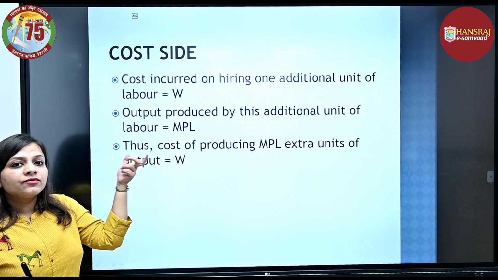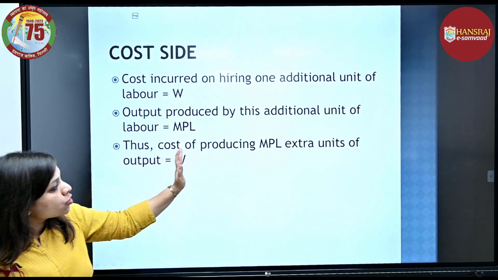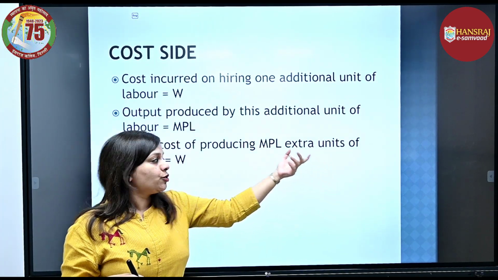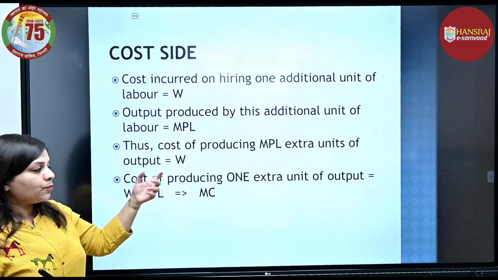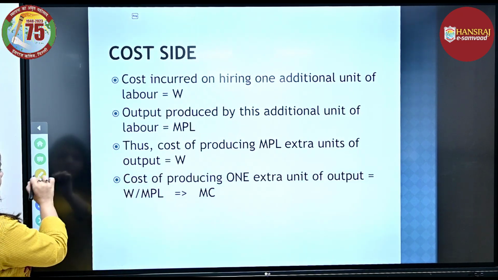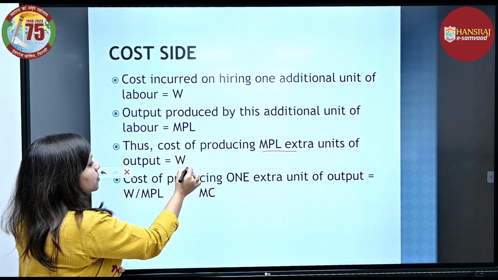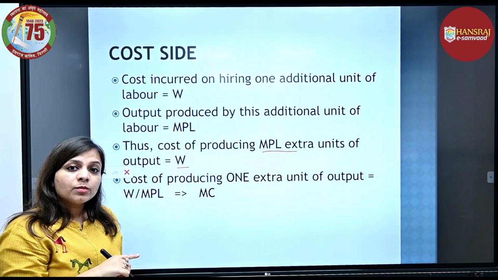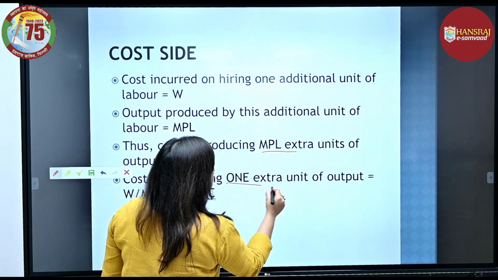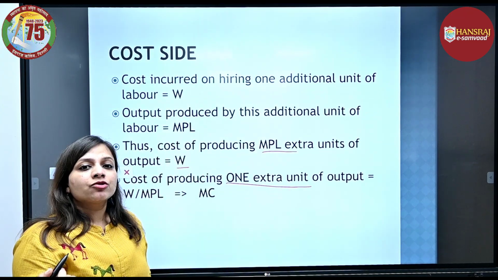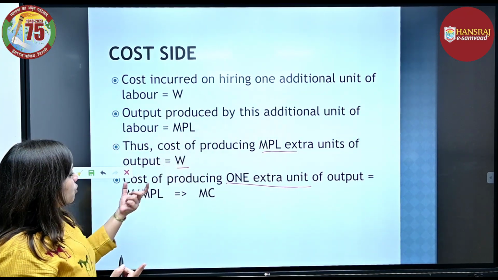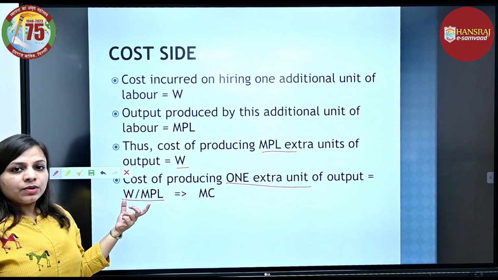And this is what I have written in this statement, that the cost of producing MPL extra units is your W. And if the cost of producing MPL units is W, again going by the unitary method, what is the cost of producing one extra unit of output? Simply your wages divided by your MPL.